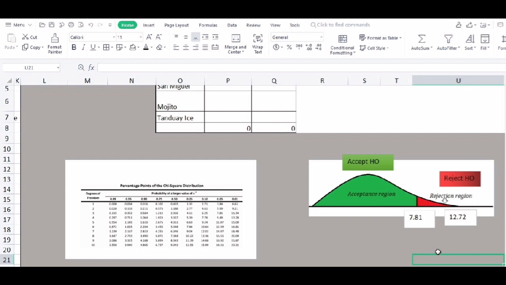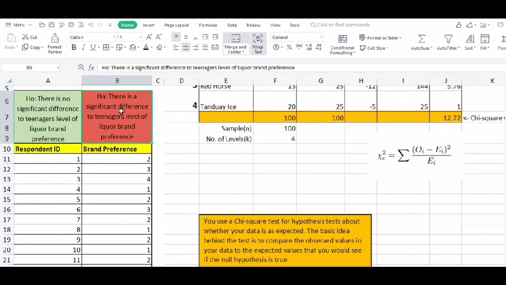You can use also the percentage points of the chi-square distribution para makita yung critical value. So the result is there is a significant difference between teenagers' level of liquor brand preference.